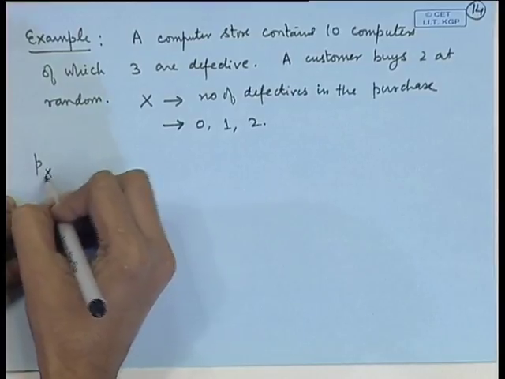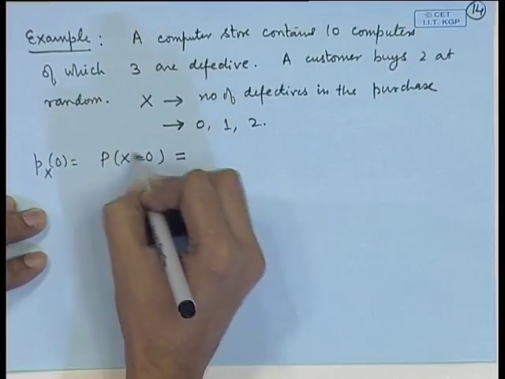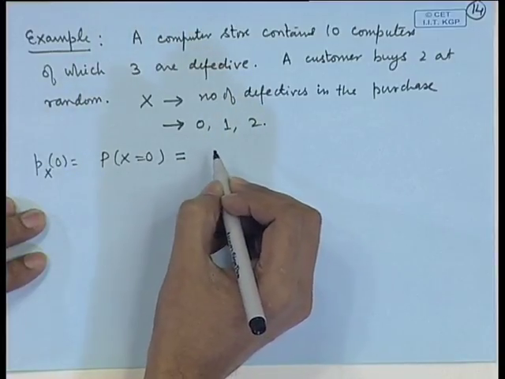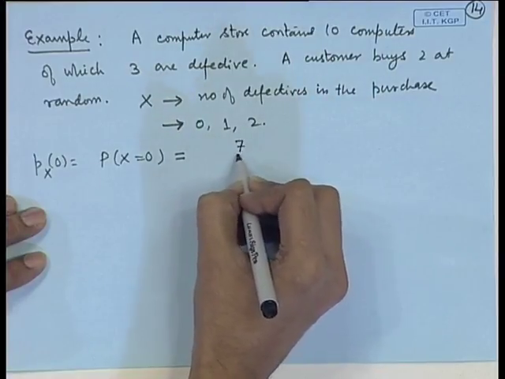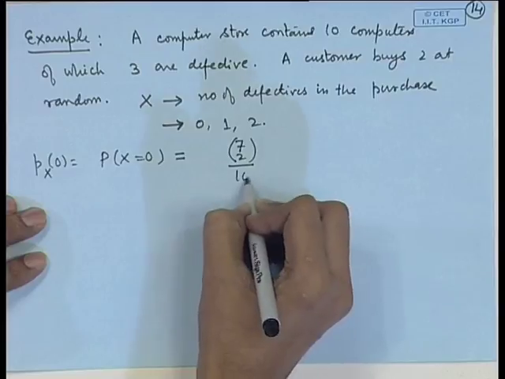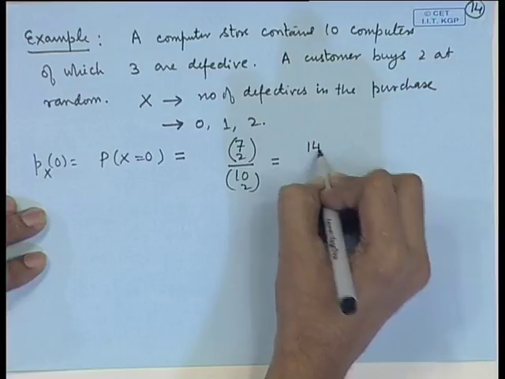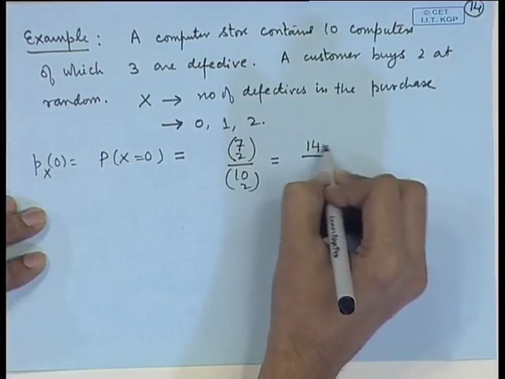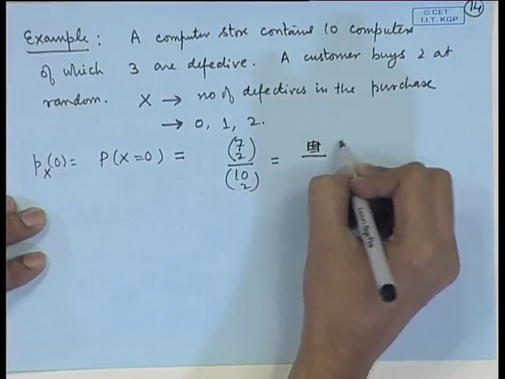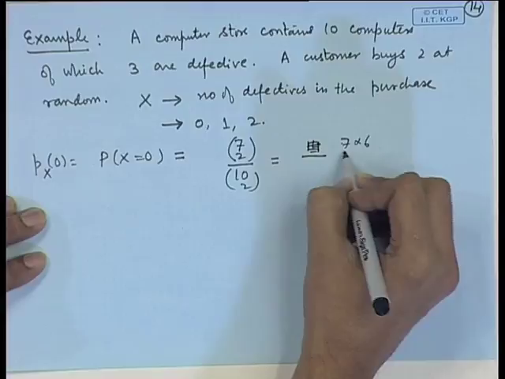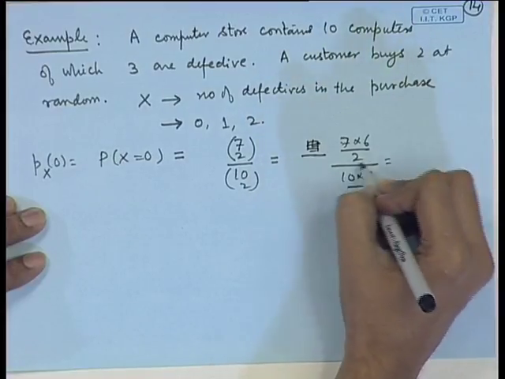So, what is p_X(0)? Now, this event corresponds to that out of 7 good he has chosen 2, divided by 10 C 2. So, it is 7 into 6 by 2 divided by 10 into 9 by 2.